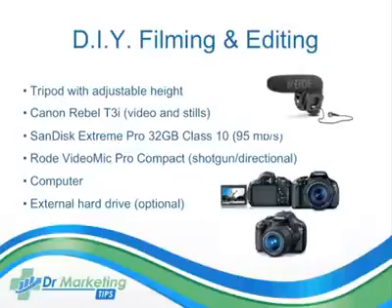It looks like a still camera, but it does do high definition video recording as well, assuming that the memory card is large enough, which is that SanDisk Extreme Pro 32 gigabyte card that you see there. And basically, you put that on the tripod, you set it on the video setting, you've got one button. It seems complex, but it's really not. Everything is kind of a point and shoot. Set it on autofocus, and you can kind of set it and forget it.